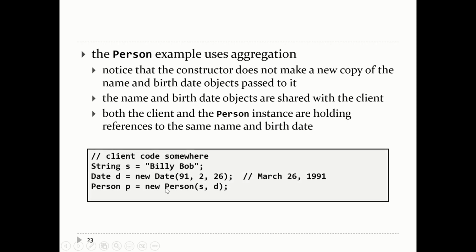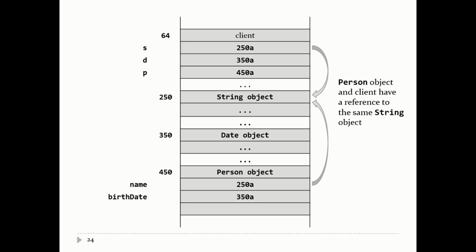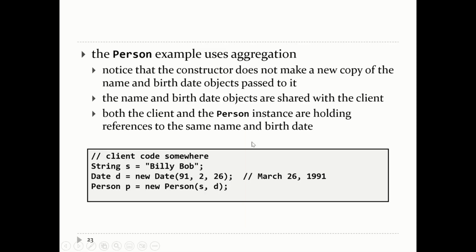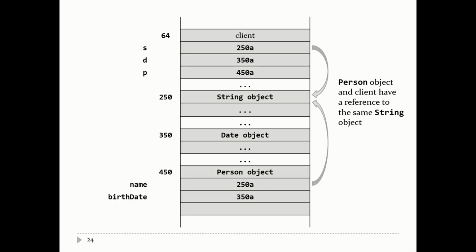So for example, if someone writes the following code, they have the string Billy Bob, and they have this date here, which is March 26, 1991. If they make a person object using S and D, then what happens in memory is the following. There's one string object, that's the name Billy Bob. There's one date object, which is the date March 26, 1991. The caller has a reference to the string and the date.